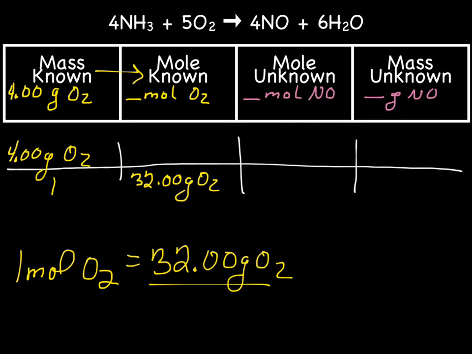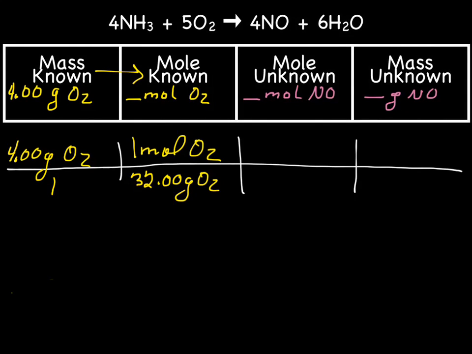And on the top we'll go 1 mole O2. All right, let's try our blockers. We're at grams O2 and grams O2. Those cross out. We're now at mole O2, which is where we're expected to be, so we're still going the right direction.